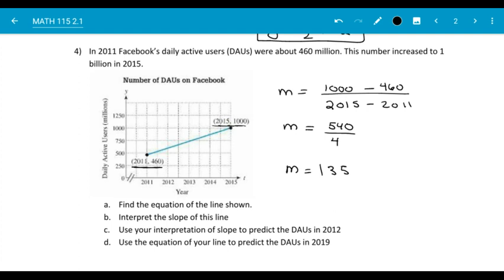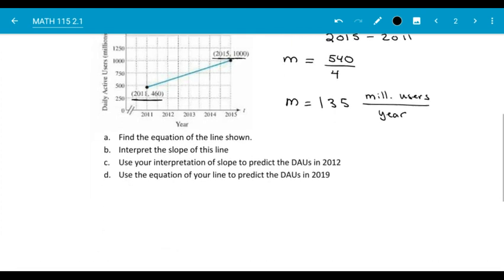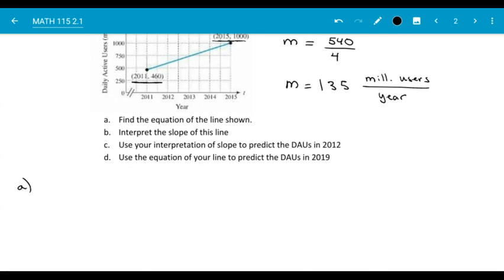And that y value was being measured in million users, and our x value was being measured in years. So in part A, y minus something equals the slope times x minus something. Doesn't matter which one you use. Let's say 460 goes here. That would put 2011 here. And our slope was 135.